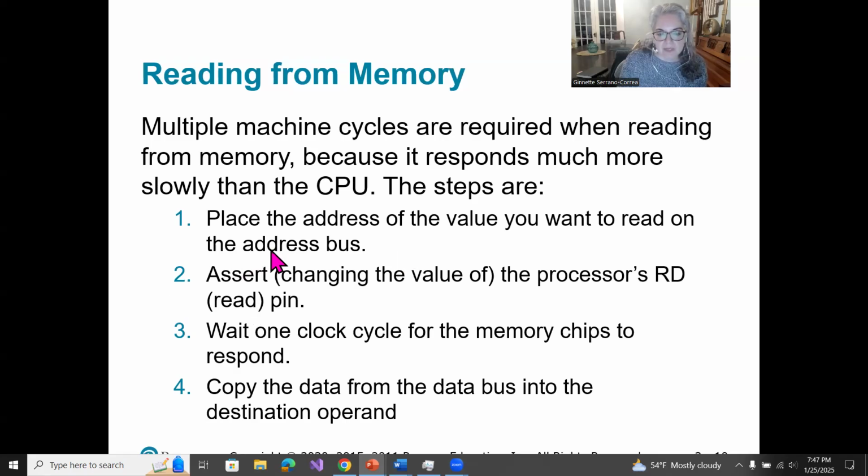So because we are reading, we want to set the read pin on so that we know that we're not writing to this address, we're reading from it. Then we wait 1 clock cycle. We always have to wait 1 clock cycle to get something from memory. And then we copy the data from the data bus into the destination operand.